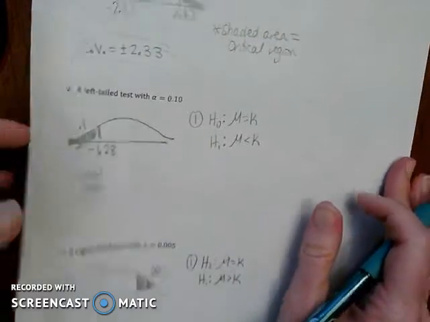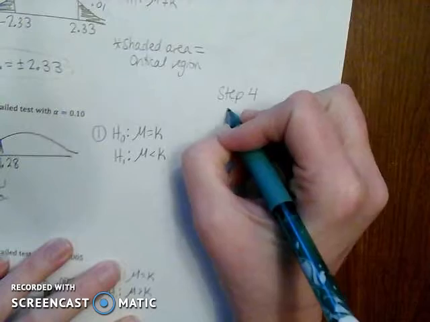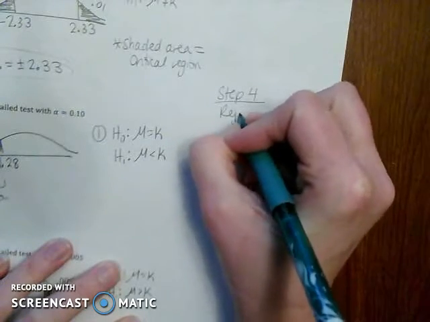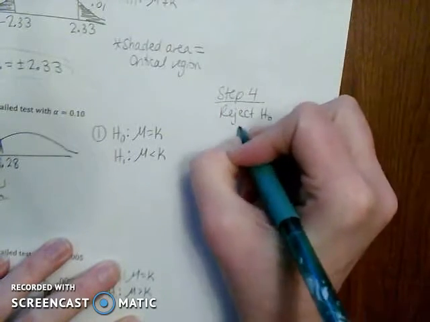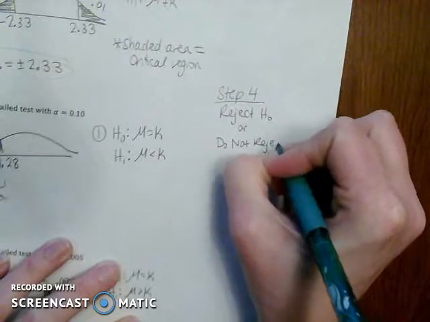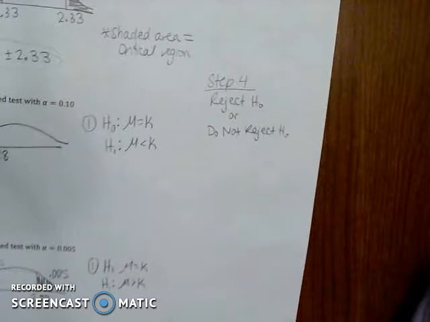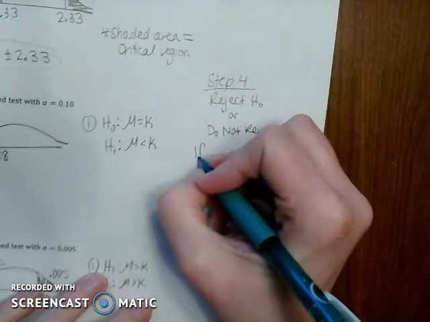Step 4 is either going to say reject H sub 0 or do not reject H sub 0. You can only reject or not reject H sub 0. You never do anything with H sub 1. How do we know whether we reject or not reject?